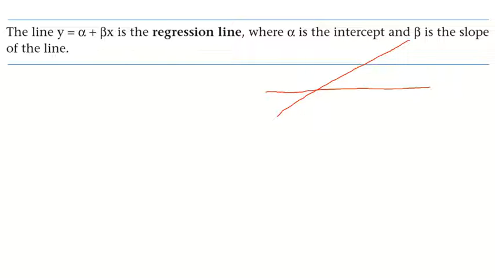If you can remember, we had a strong positive relationship for the Pearson correlation coefficient as well. So this line that is now slanted is our regression line.